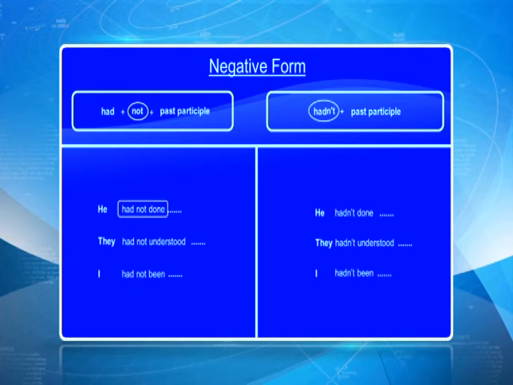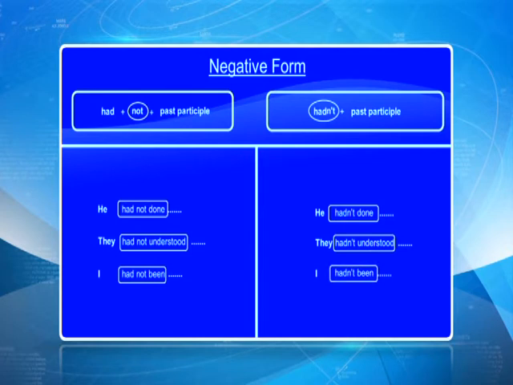In the short form we say hadn't done. Next example, they had not understood. The short form is they hadn't understood. And I had not been to that place, for example. Had not been can be shortened by saying I hadn't been. So easy and so straightforward.